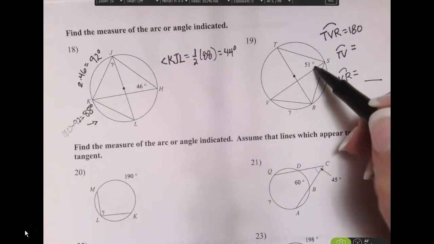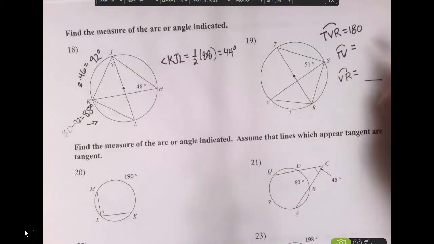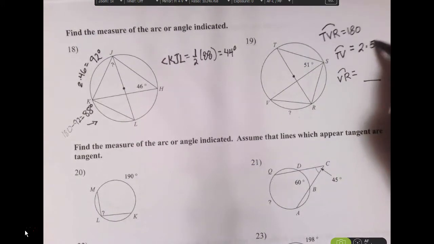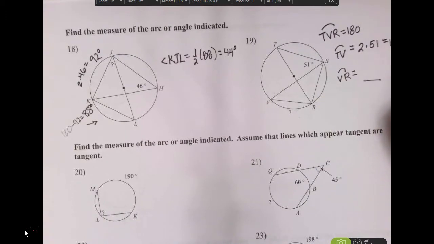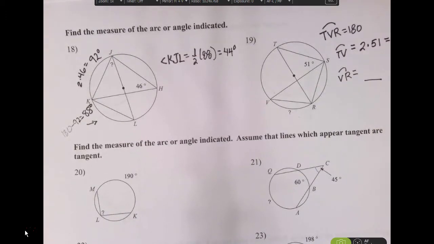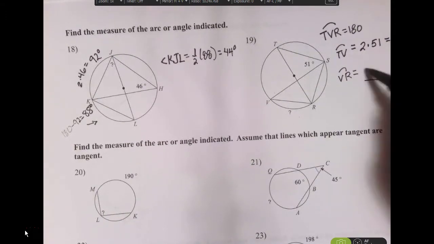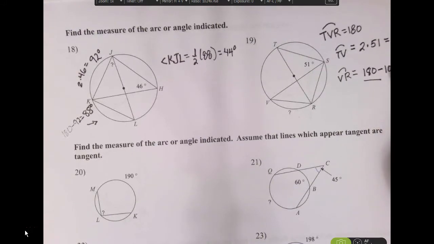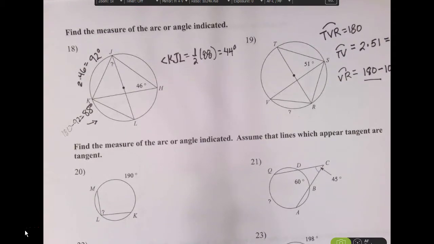So I have this 51 degrees here, which is an inscribed angle. So I know that arc TV is twice the measure of the inscribed angle. So it's 102. So if I take 180 minus 102 and get 78, that is the measure of arc VR.